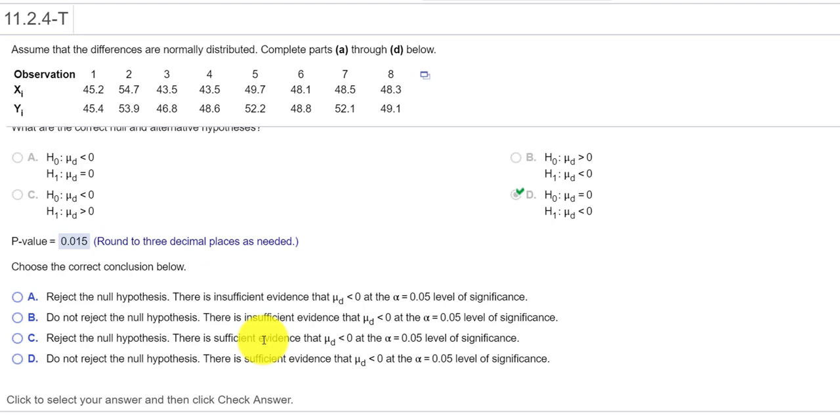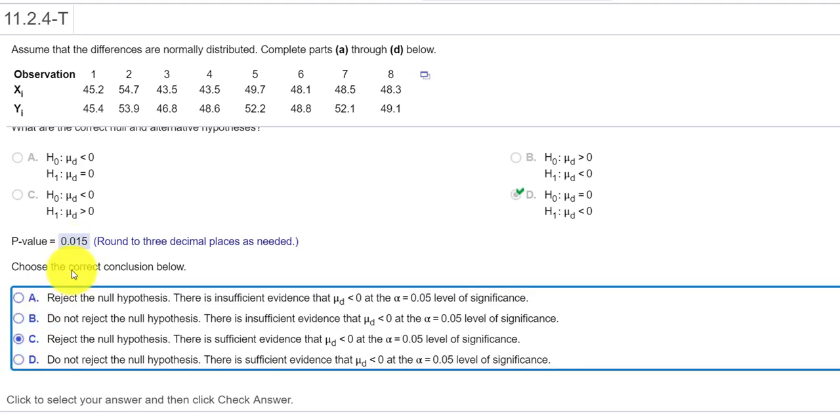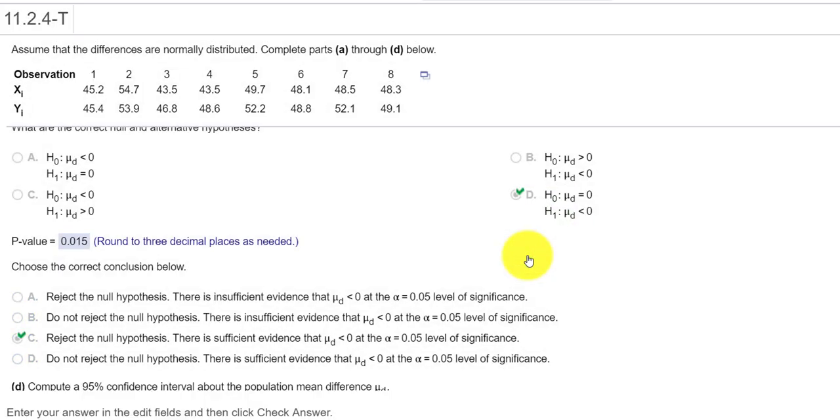If your p-value is less than your alpha, in this case our alpha is 0.05 and 0.015 is less, we're going to reject the null hypothesis and accept the alternative hypothesis. So the alternative is that UD is less than 0. So we reject the null hypothesis, and we say there's enough evidence to suggest that UD is less than 0 at this level of significance. Check answer. We get the OK.